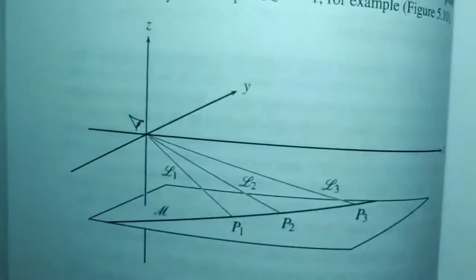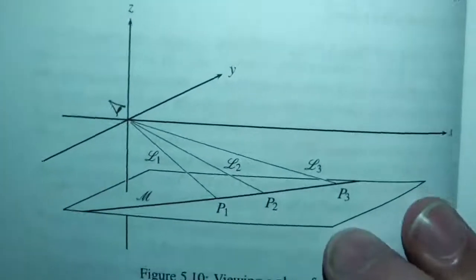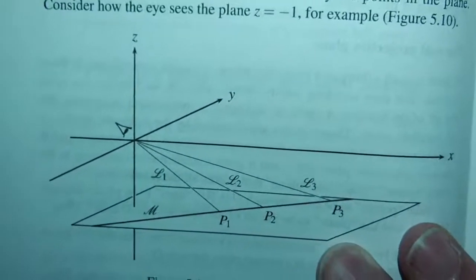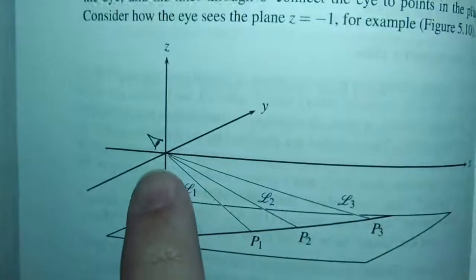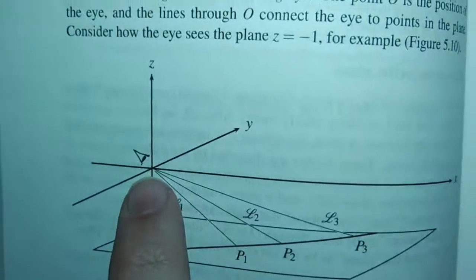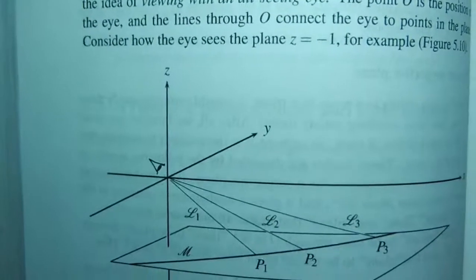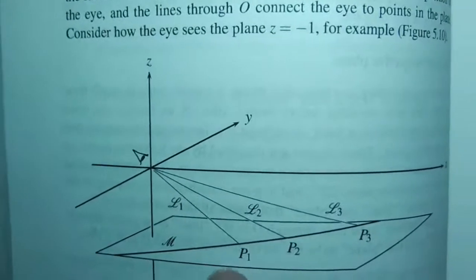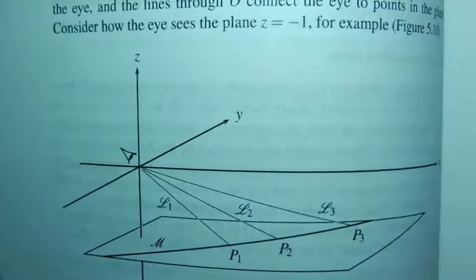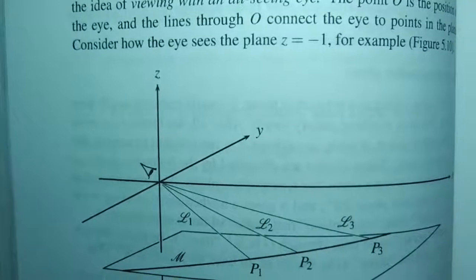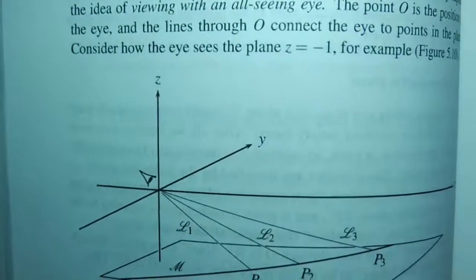And the way that it's related to that is, now imagine that I have the following picture. So here I am in space. There's my X, Y, and Z axes. Imagine my all-seeing eye is at the origin. Okay. So then how do points in, say, Euclidean space get matched up with lines that go through the origin?